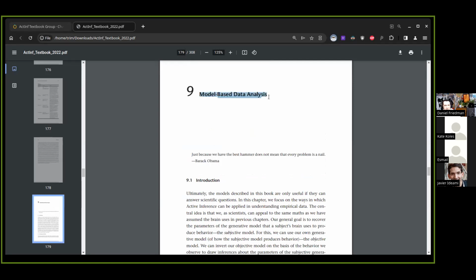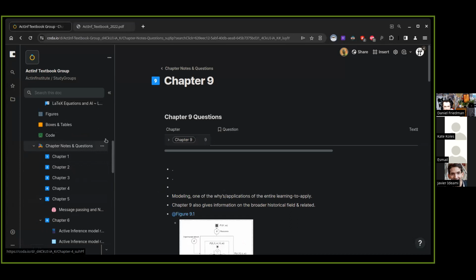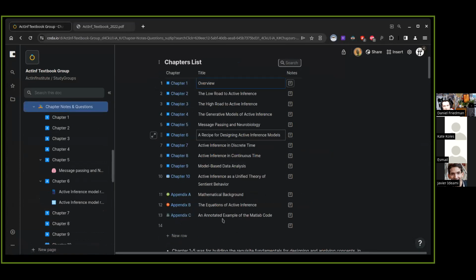And also in a sense, chapter 9 in specific, let's look at the textbook. Chapter 1 and chapter 10 are very similar, in that they're both overview chapters. There are no equations. They give the big picture. Chapter 2 and 3, we know the low road. Chapter 4, technical details with the generative model. Chapter 5, a lot of neurobiology and examples.